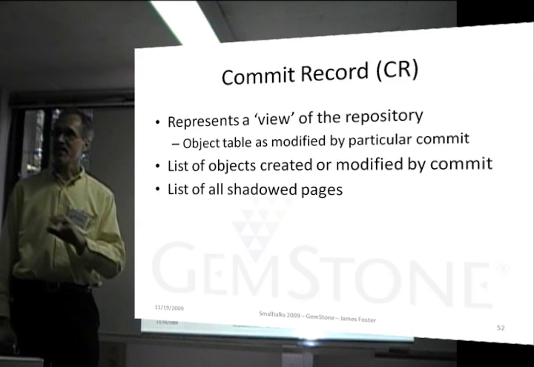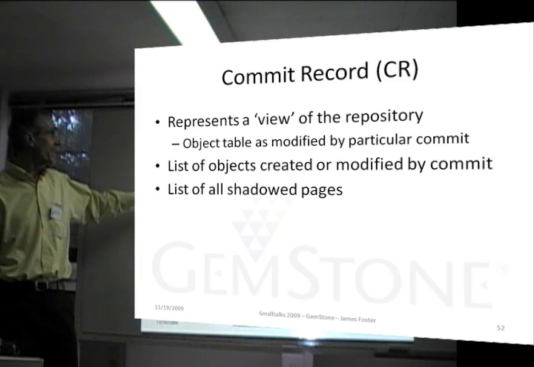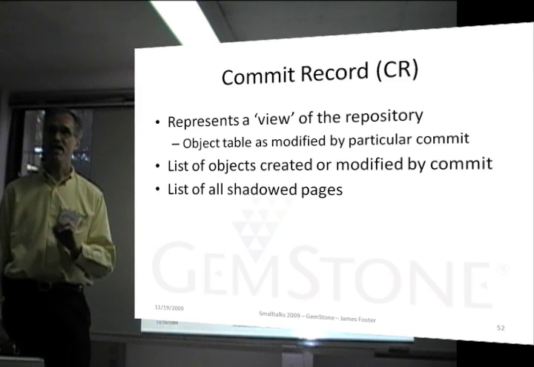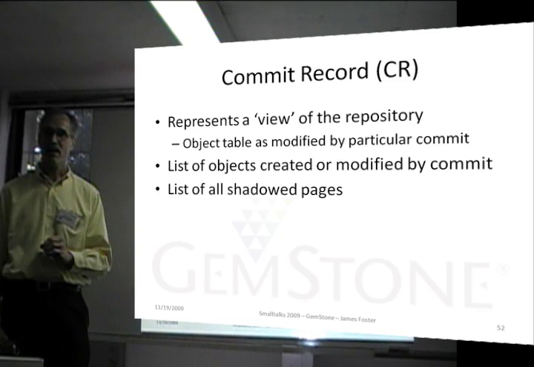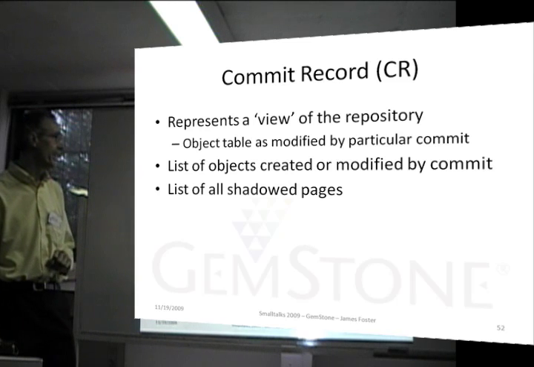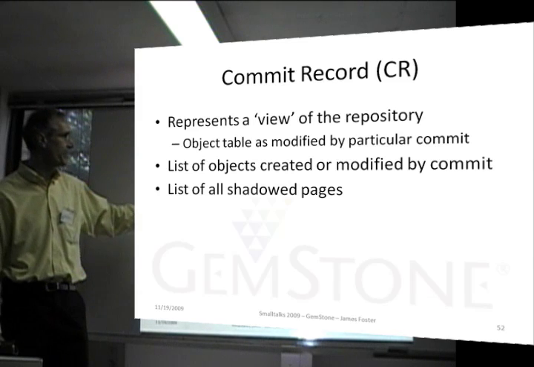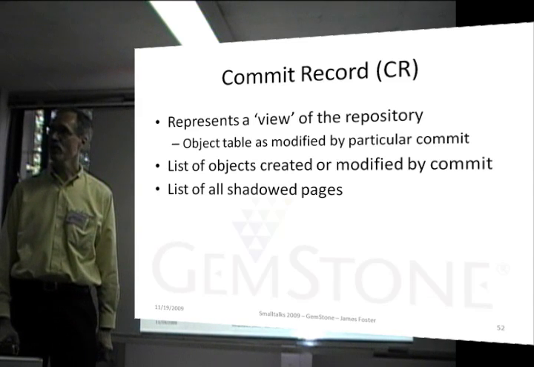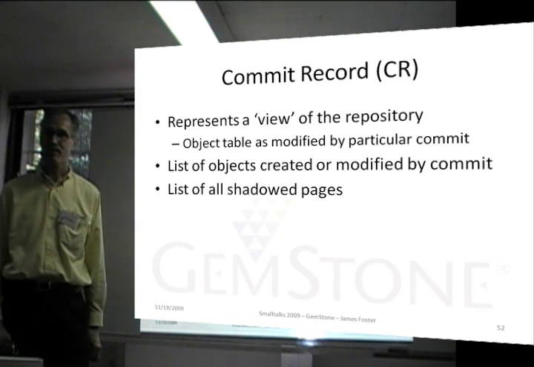Now, we've discussed the object table is associated with a commit. A commit record represents a view of the repository. So with a view of the repository, you have an object table as modified by a particular commit. The commit record also holds a list of the objects created or modified by a particular commit.